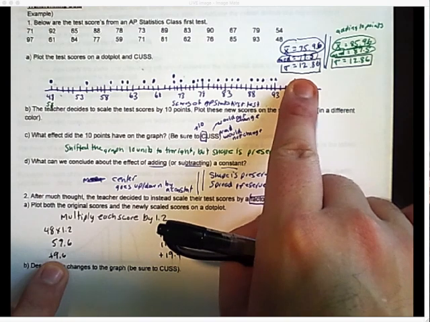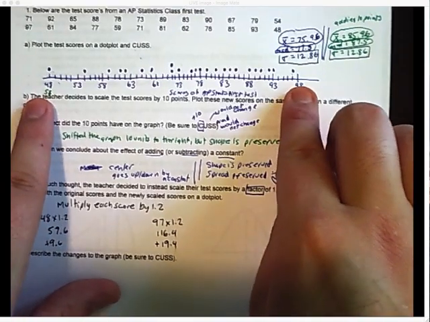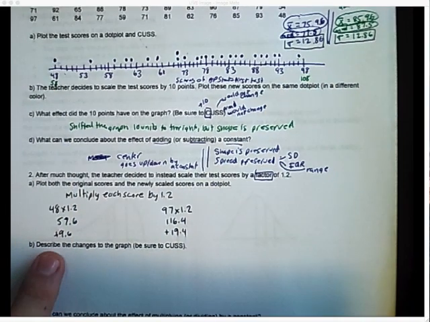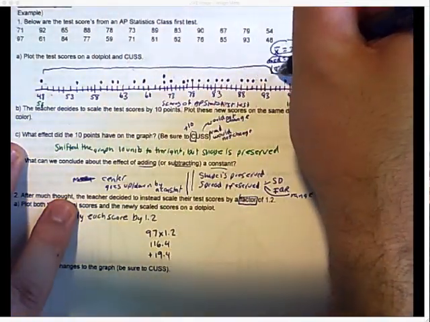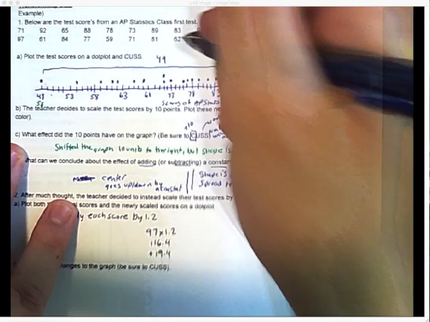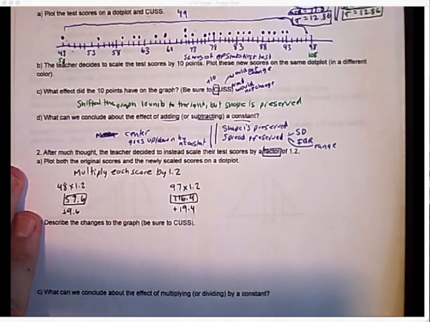So if I did that for all the points on this dot plot, the original spread was 49 units long. What would the new spread be? If I want to find the range of this distribution, there's 49 points difference between the best and the worst. But what would the new spread be here? Well, what's 116.4 minus 57.6?